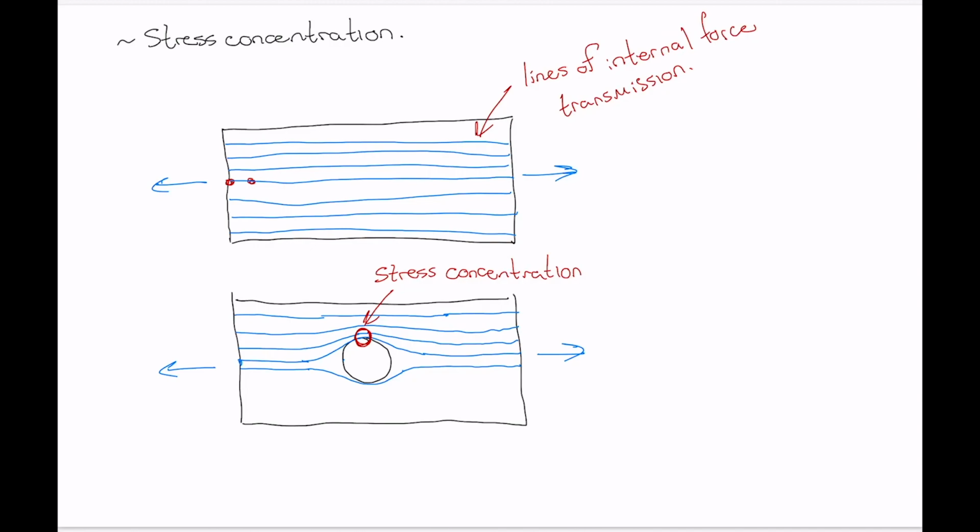The stress there is going to be significantly greater. So the way that you calculate the stress at this location, so sigma max, is you use what's called a stress concentration factor K, and you just multiply that by the regular stress that you'd calculate, the average normal stress.